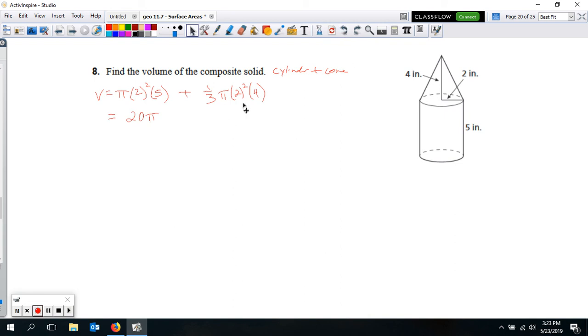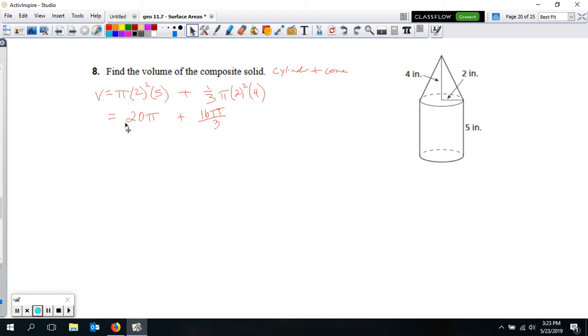Then this is 4 times 4, which is 16. 3 does not go into 16, so it's going to end up being 16 pi over 3. We can think of it as 4 times 4 times pi, and then multiplying by 1/3 makes it just over 3.